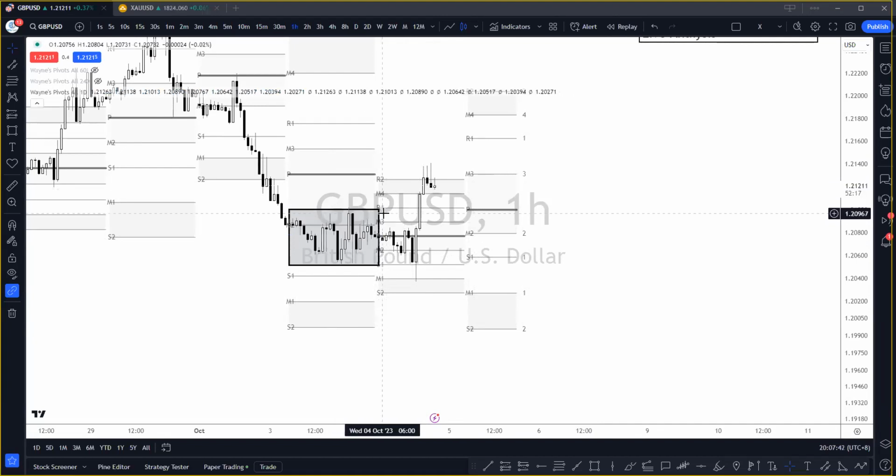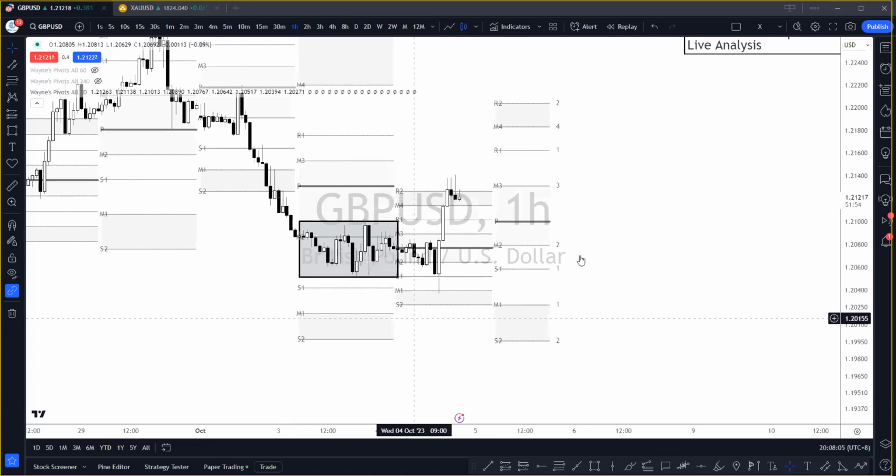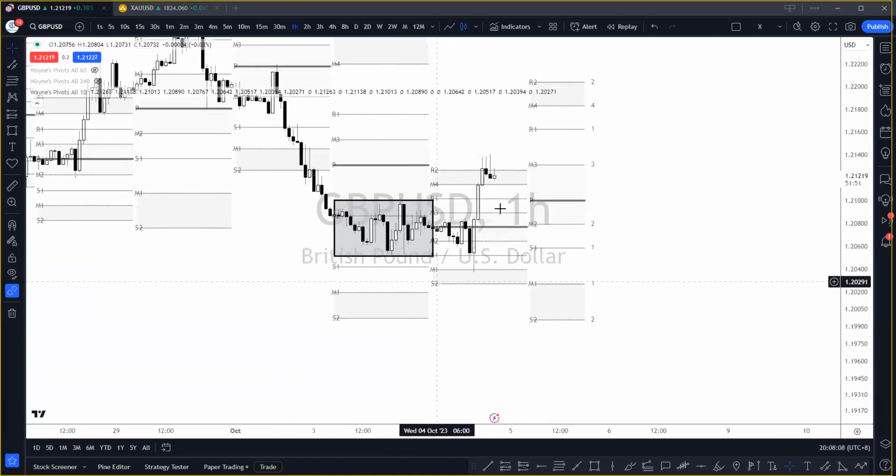Just for convenience, we're going to set the lines in between as middle levels: M4 between R1 and R2, M3 between pivot and R1, M2 between pivot and S1, and M1 between S1 and S2. These are just 4 levels which we can use to gauge where prices will be within the coming day. I'll show you a few examples as we move along on how significant these levels are and how we can use them to determine our support and resistance.